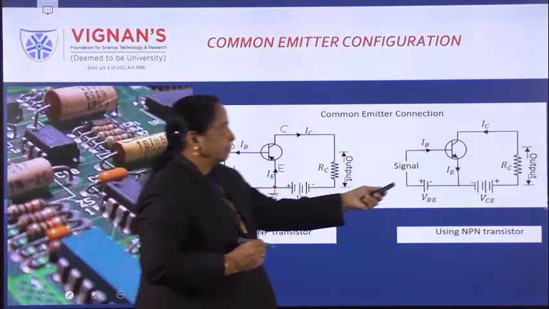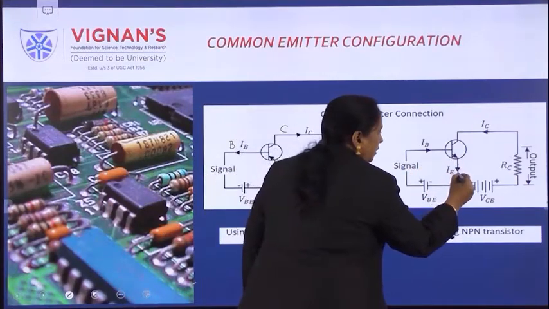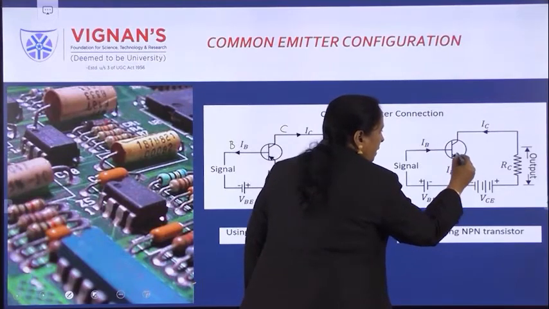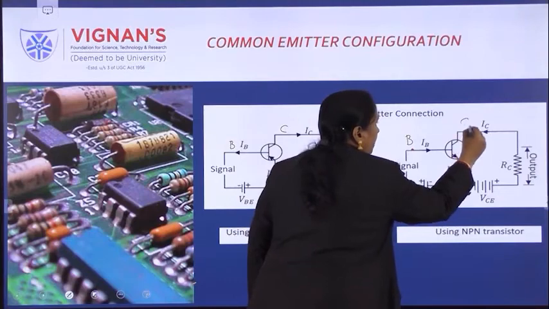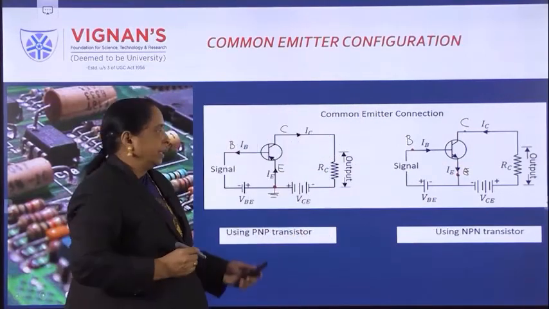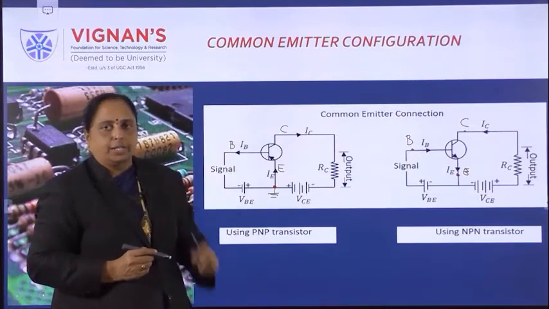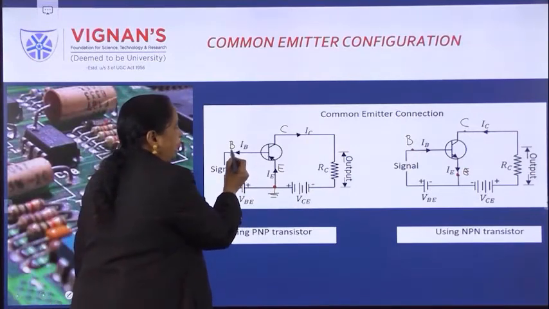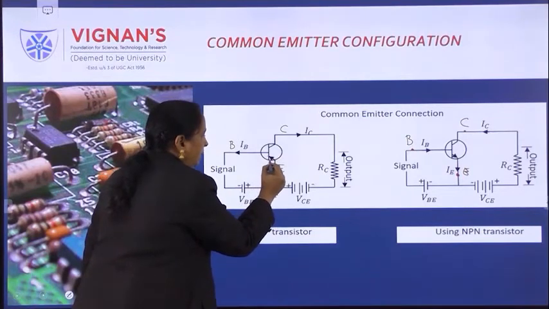Similarly, if you see the NPN transistor, the arrowhead points outwards. So this is the emitter terminal, base terminal, and this is the collector terminal. Now both transistors are again connected in the active region. Active region means between emitter and base is forward bias, because this is a PNP transistor.